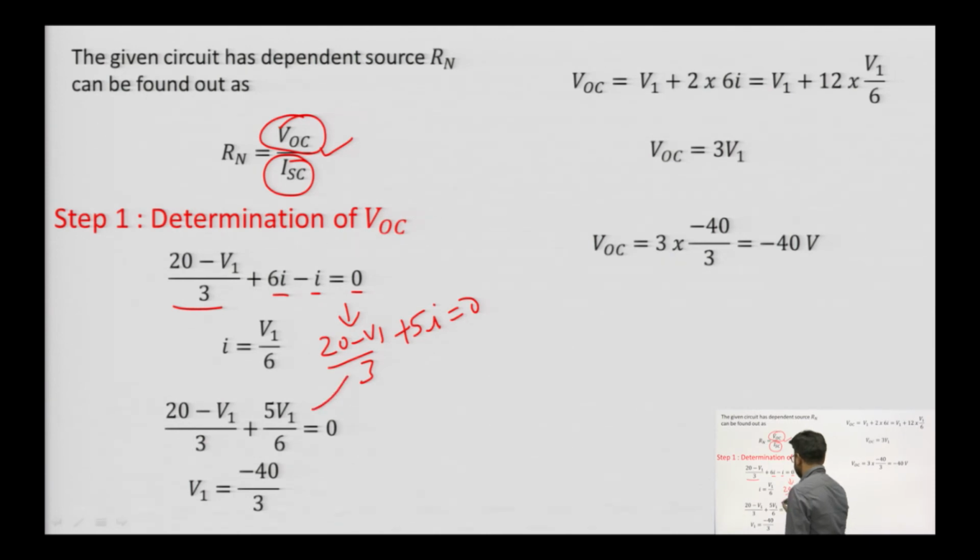In this we put the I value as V1 by 6, and we get 5V1 by 6, so V1 will be equal to minus 50 by 3 volts.